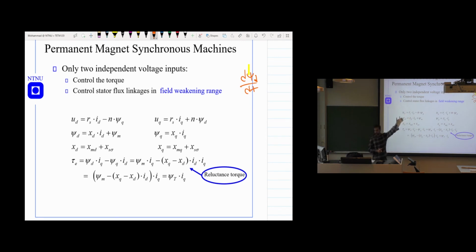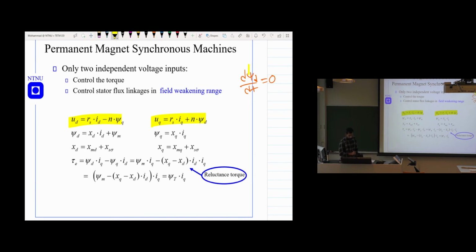And in a steady state, we put the differential term to 0. So when we put both differential terms to 0, we get the steady state equation for the PMSM machine.